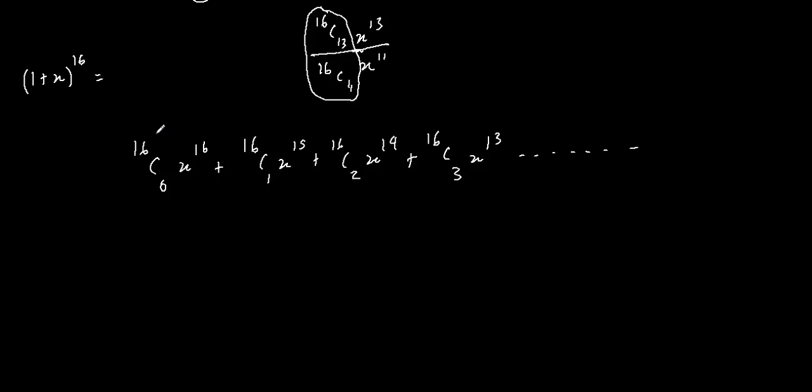Now, if I take the ratio of this term over this term, 16c1 over 16c0, and this ratio is greater than 1, that means this term is bigger. If I have some number a over b, and the ratio is greater than 1, then a is definitely greater than b.